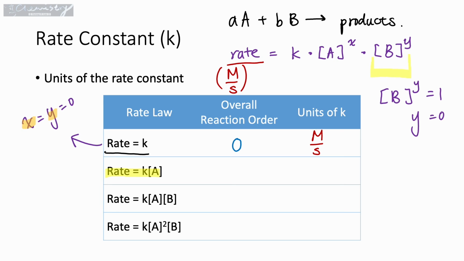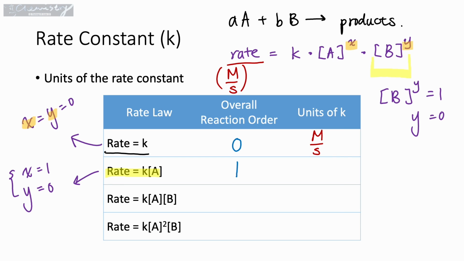And then A, over here you can see that it doesn't have a power, so it's A to the first power. So in this case, we can see that x equals 1 and y equals 0. And the x, y I'm referring to are this x and y. So that means that the overall is going to be 1 plus 0, that's 1. So the overall reaction order is 1.